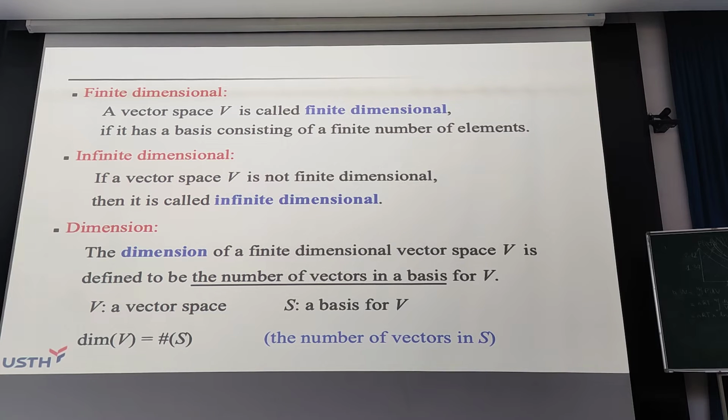Otherwise, if a vector space V cannot have a finite basis, then V will be called infinite dimensional. And the dimension is defined to be that number. That is, if S is a basis for V, then the number of vectors inside S will be called the dimension and denoted by dim of V.